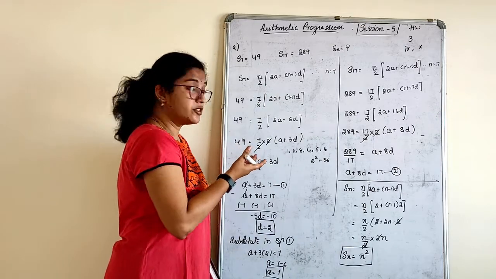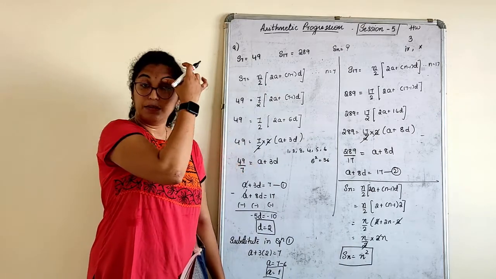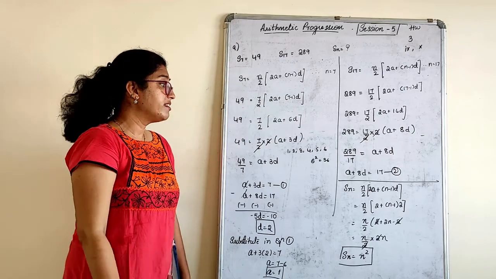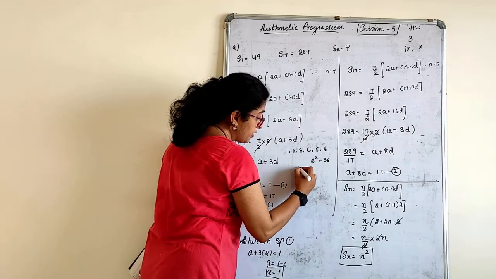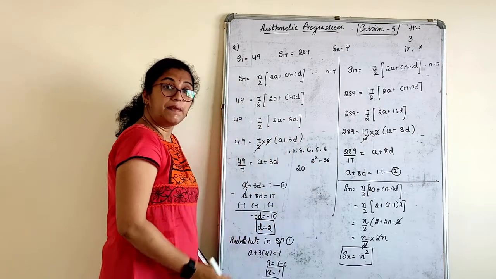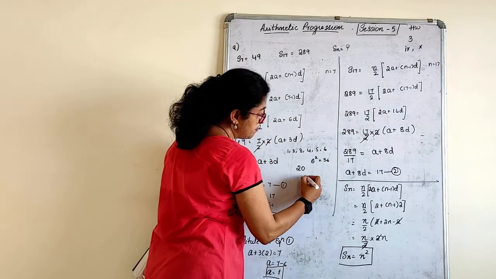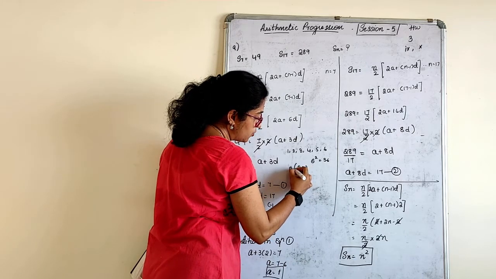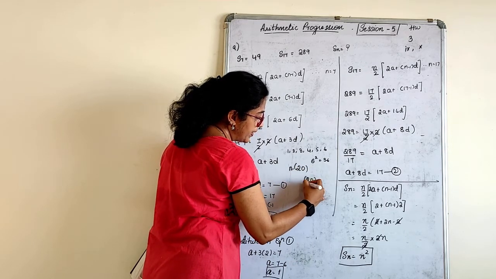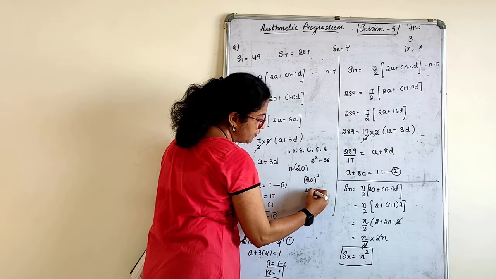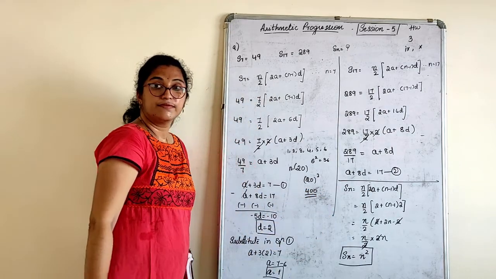Because this is simple. Tomorrow they'll ask you the sum of first 6 terms, or find the sum of first 20 terms of an AP. If it is given, what will you do? First 20 terms, n is 20. So the answer is 20 square, 400. Right?